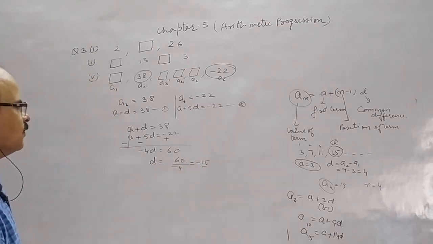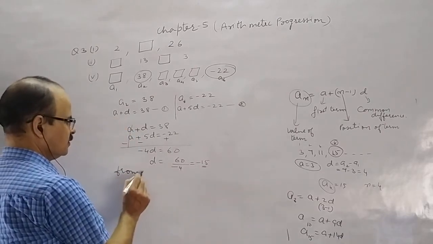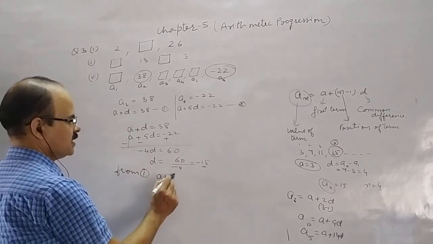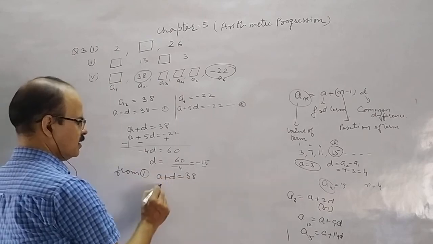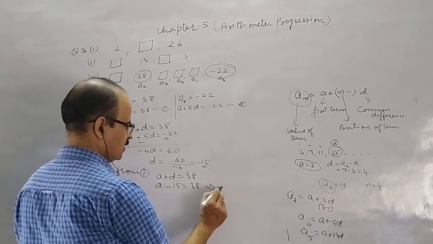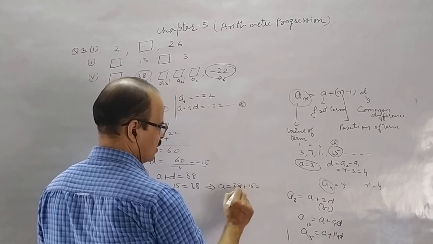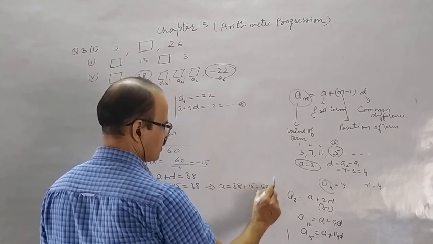This is the value of d, and from equation 1 you can get the value of a. a plus d is equal to 38. a minus 15 is equal to 38. a is equal to 38 plus 15, 53.